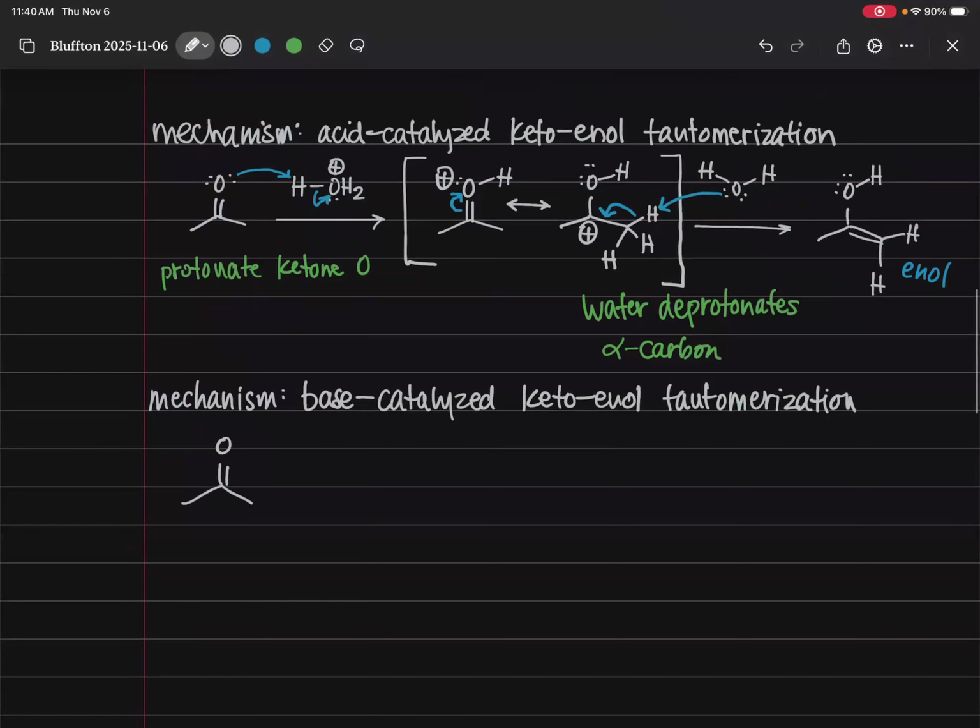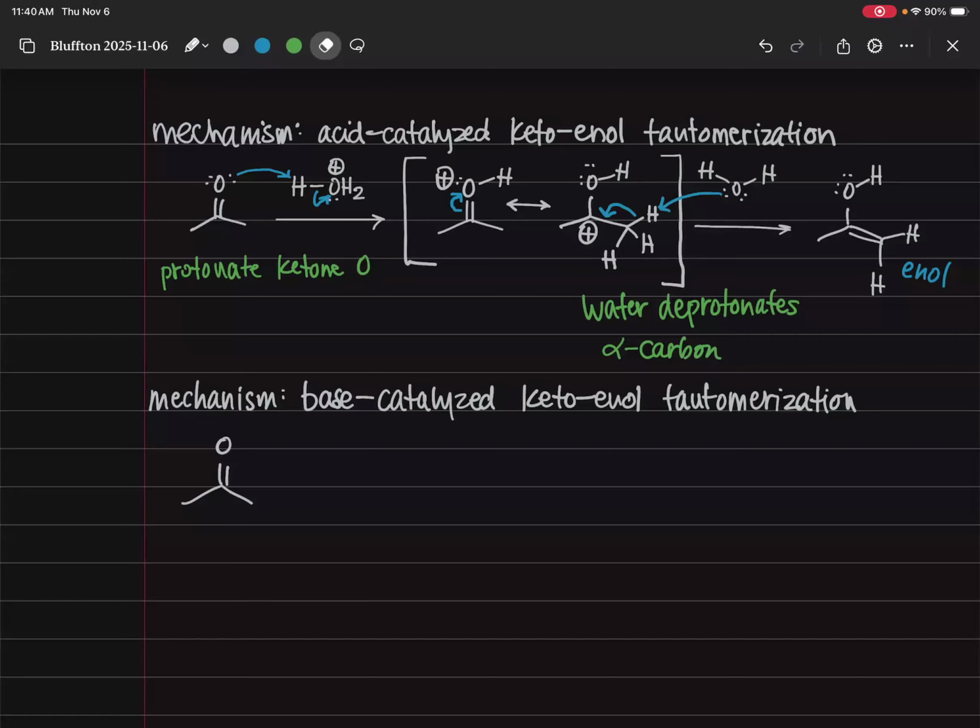In the acid catalyzed mechanism, first we protonate the ketone, and then we deprotonate the alpha carbon. Previous method, you say it's a little bit more complicated, if there's a nitrogen in the group, would you still be able to do the reaction or no?